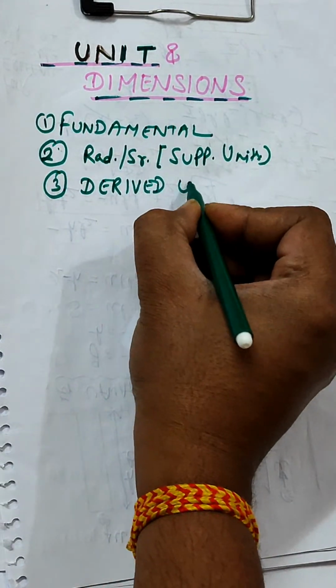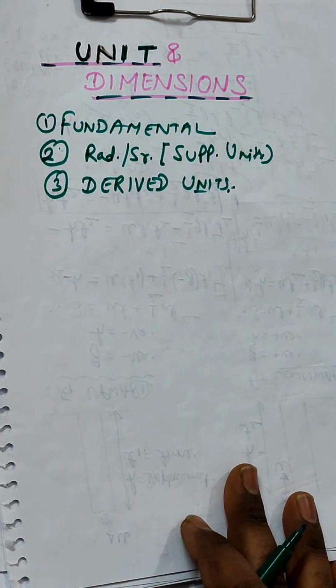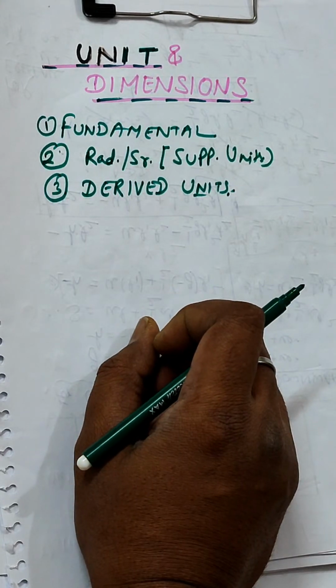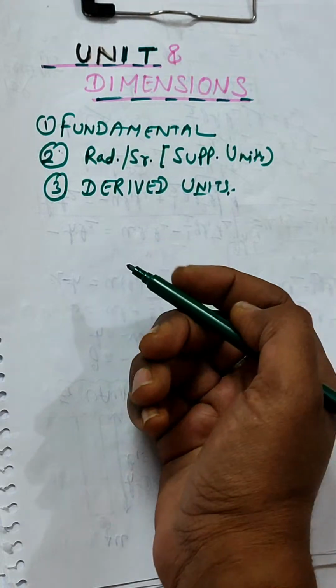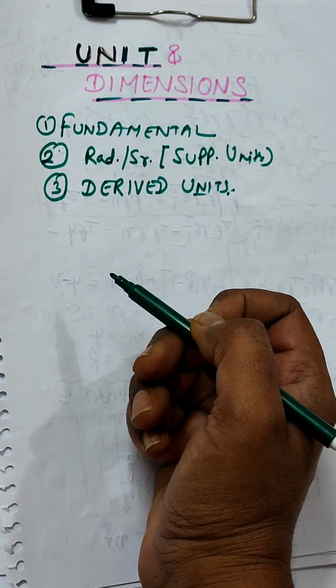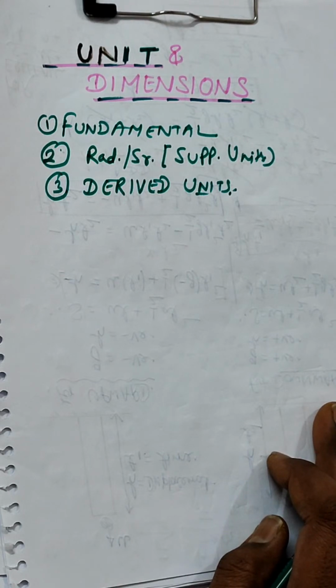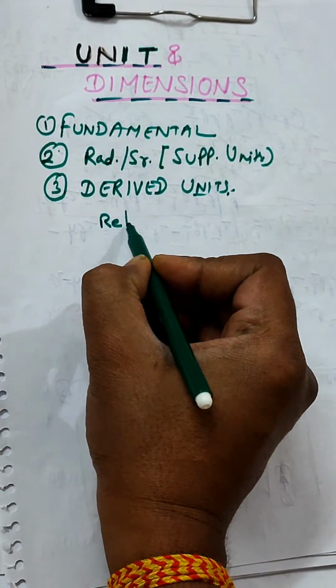What are the derived units? We will see. As you can see, these can be found by combining fundamental units. The unit of any derived quantity depends upon one or more fundamental units. In other words, the dimensions of a physical quantity tell how its unit is related to the fundamental units.